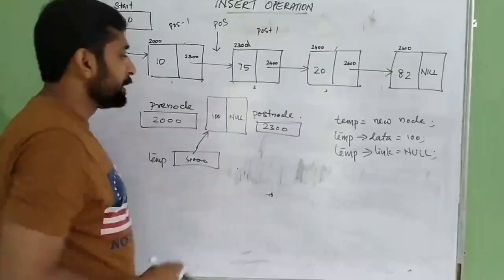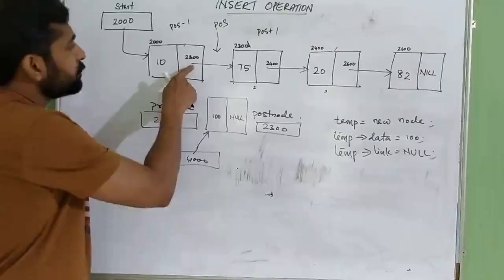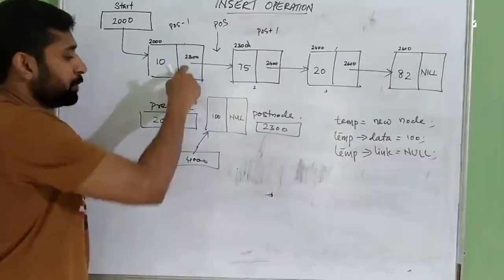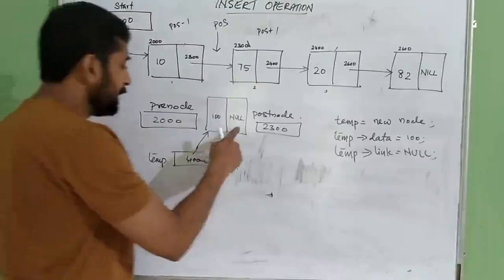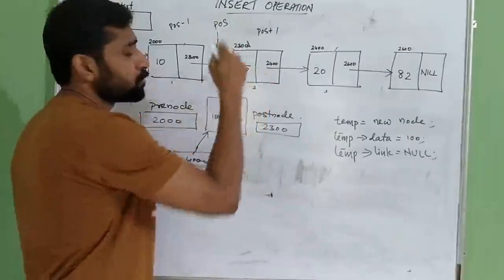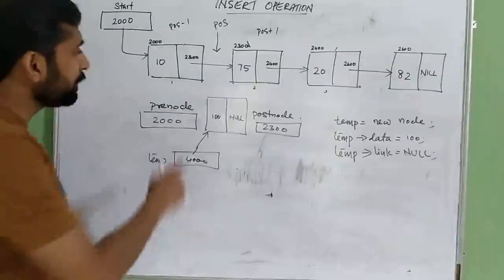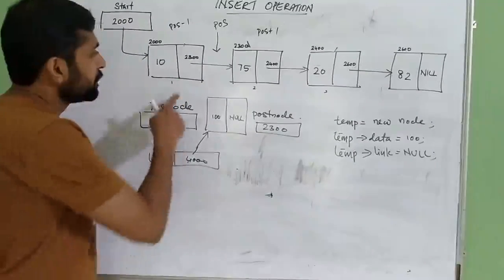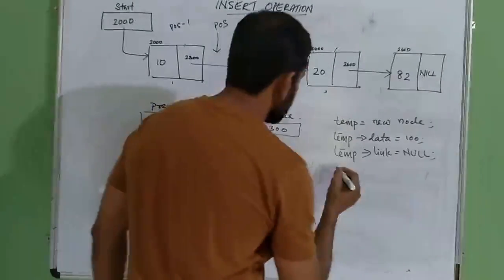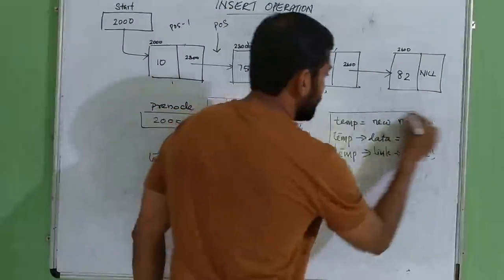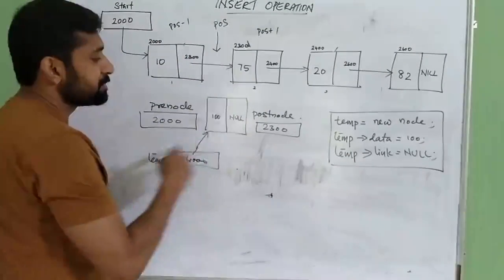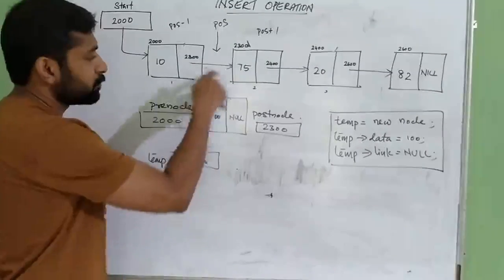Now what we have to do is connect the link part of POS minus 1 to this temp, and the link part of this temp to the post node. So how can we do that? We can write statements like this. We created a node. Now we are going to insert this in between at position 2.